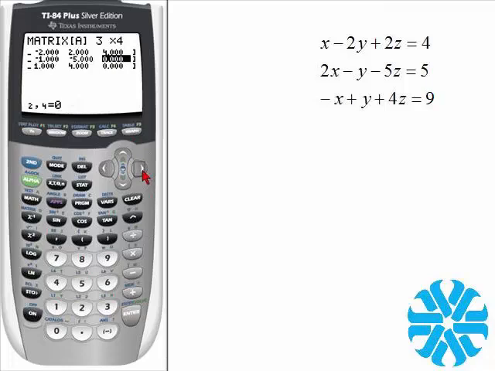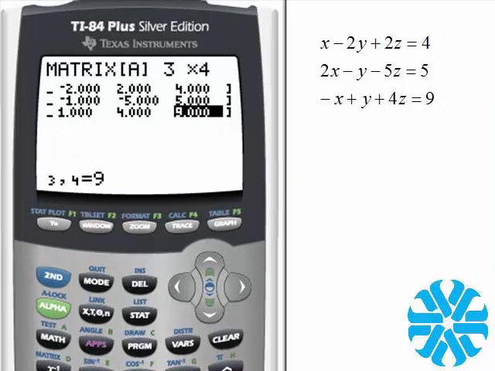So we need to move over and change this to 5. Select enter. And this value is okay, this value is okay, and this value is okay. Remember, these are all okay because we did this in the video matrix dimension and editing. So let's move over and input 9. Select enter. Okay.